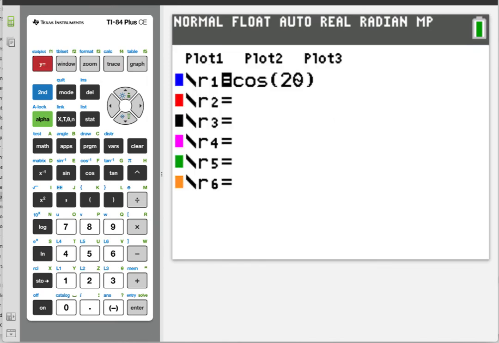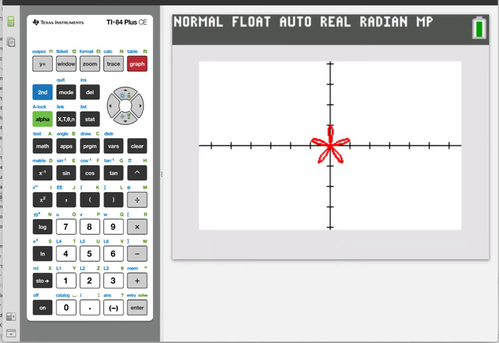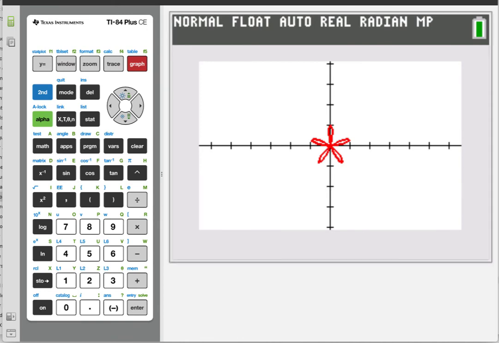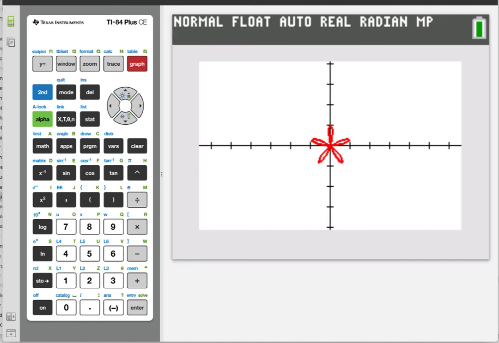Now, if I do sine of, let's say, 5 theta, I'm going to get really the same relationship. Now I want to turn off my first graph. So if I graph that, that is sine of 5 theta. Notice the leaves are oriented slightly differently.